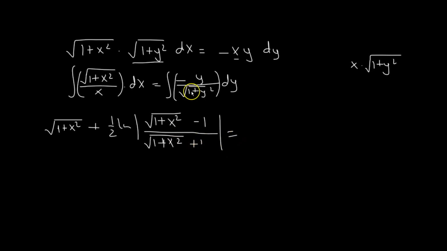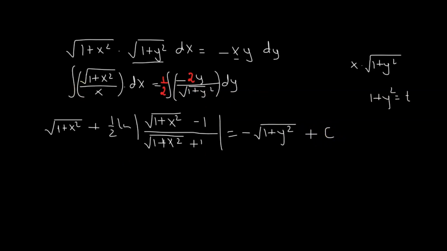That's equals to, now to integrate the integral on the right hand side, we are going to multiply by 2 and divide by 2. And when we do the substitution by taking 1 plus y squared equals to some variable t, it's a very simple integral. This will give us the value negative square root of 1 plus y squared, and this integral is left as an exercise for you, plus the constant of integration c.